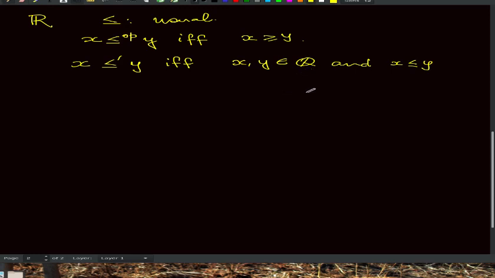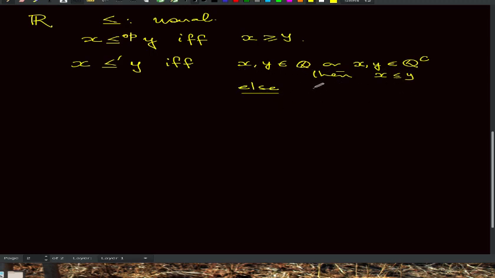So I actually twist things. Let me say if both of them are of the same kind, so if x and y are both in this, or x and y are both not in this, then the usual order; else, that means if one is a rational and the other is an irrational, I just reverse the order.